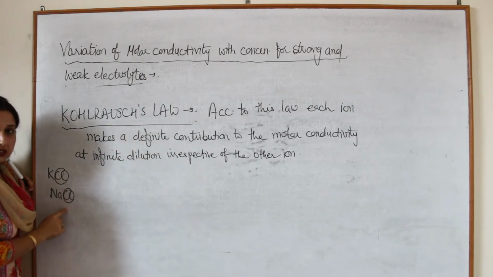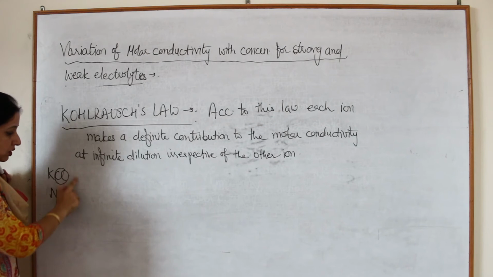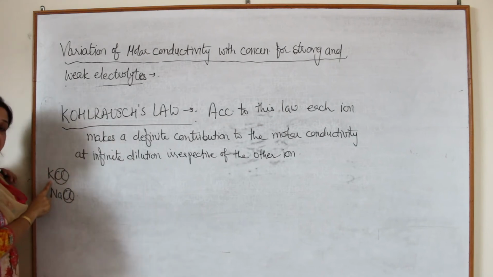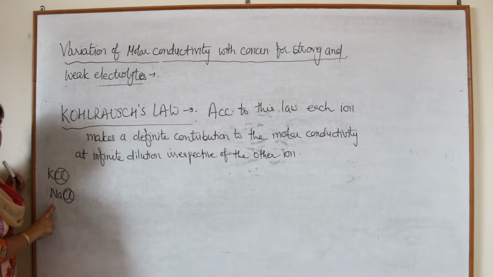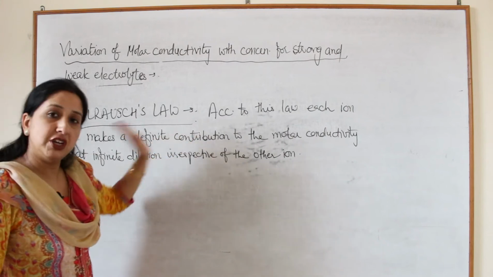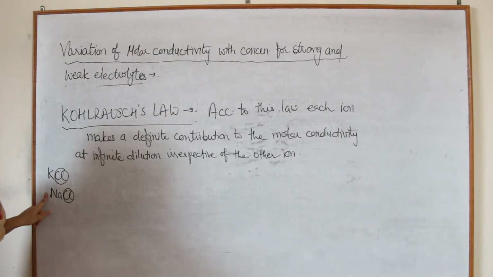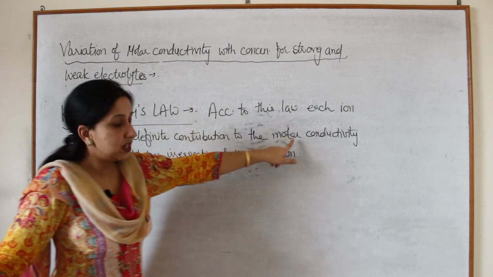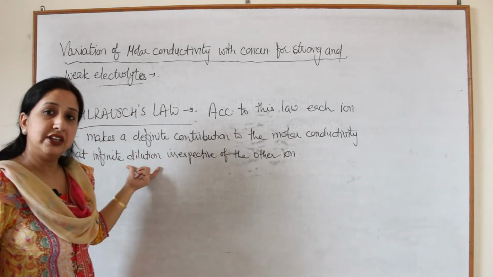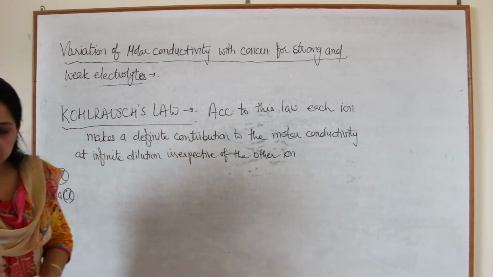Chlorine's contribution to the molar conductivity will be same for both electrolytes, whether it is joined with potassium or sodium. Means each ion makes a definite contribution irrespective of the other ion. Means its contribution will be same to the molar conductivity at infinite dilution, whether it is joined with potassium or sodium. This is known as Kohlrausch law.